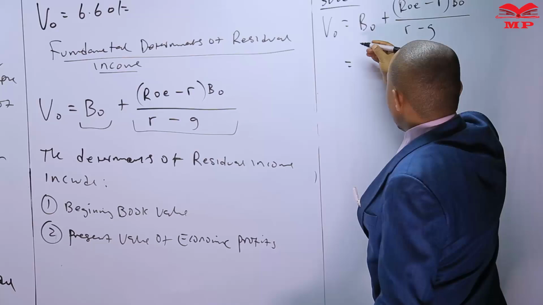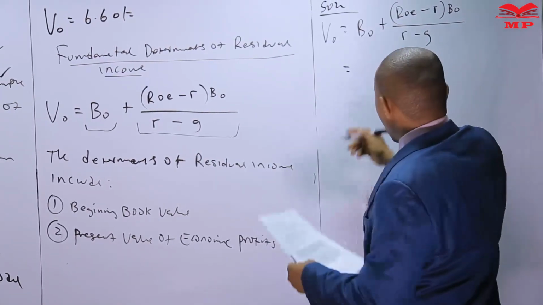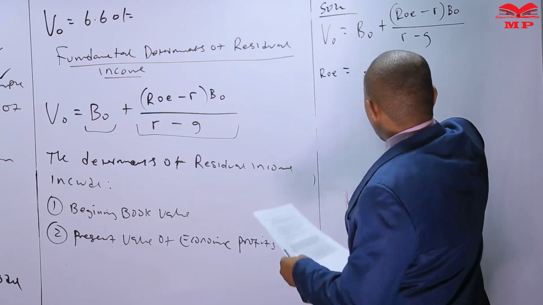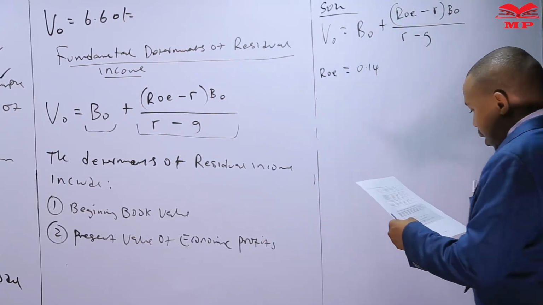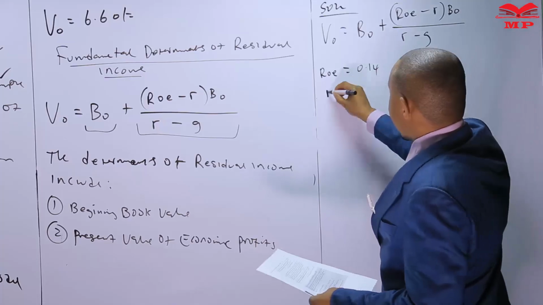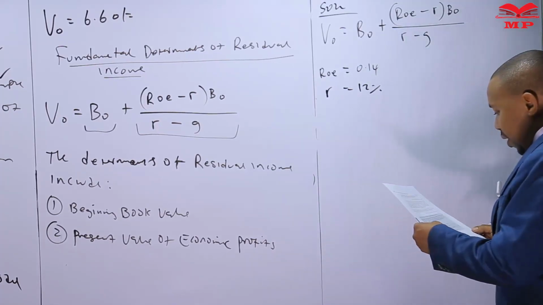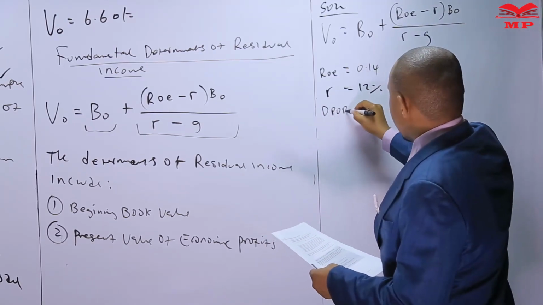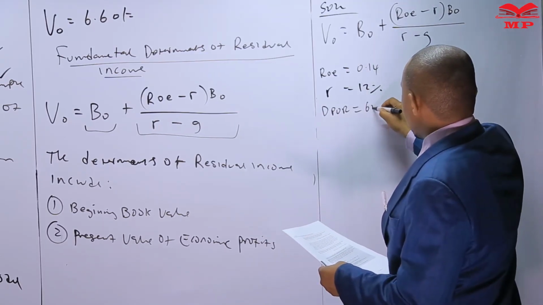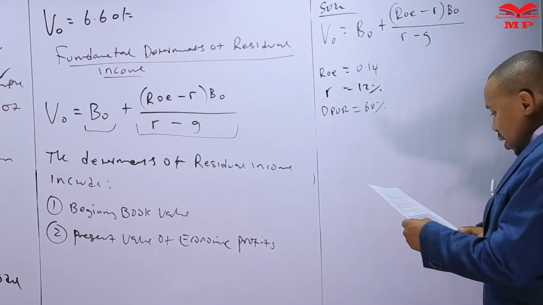So, do we have the B naught? What do we have? We have been given the ROE, which is 0.14 or 14%. The required return, that is R, is given as 12%. And the dividend payout ratio is 60%. What else have we been given?